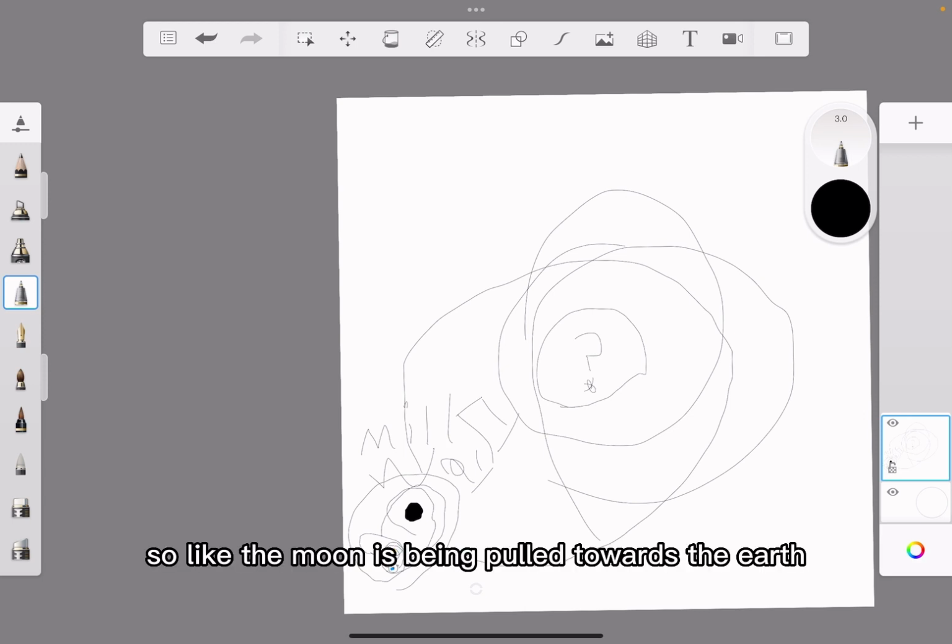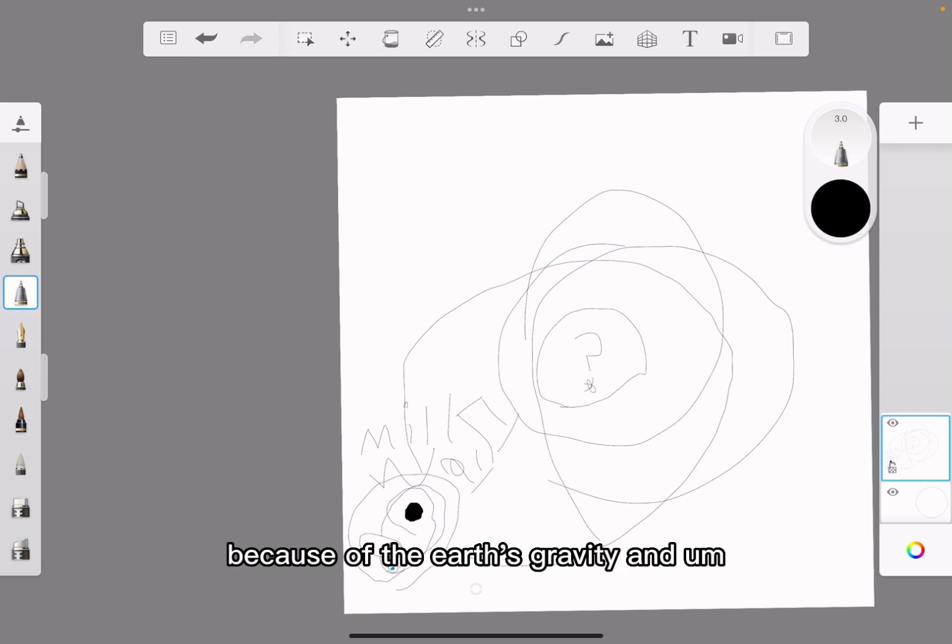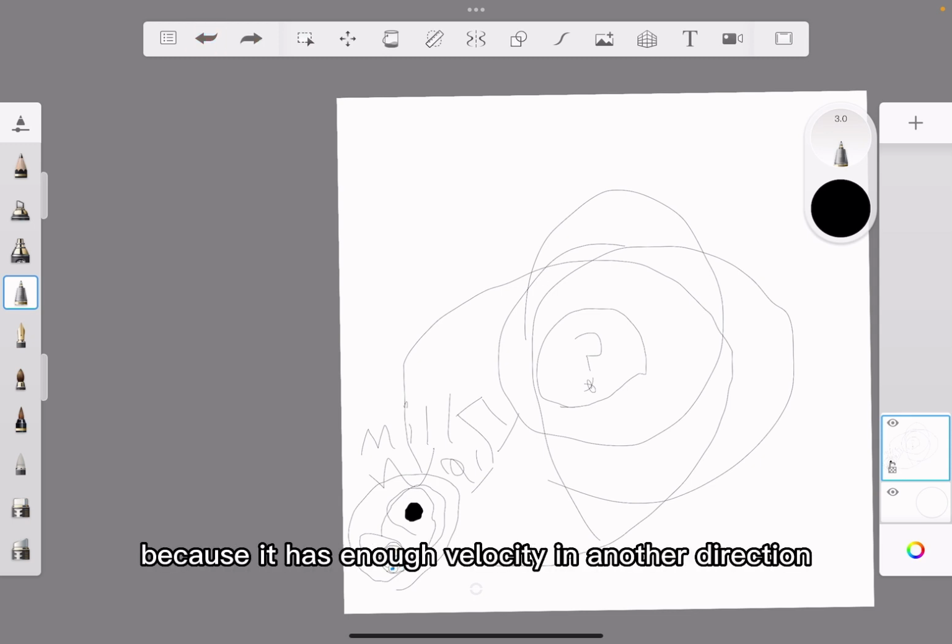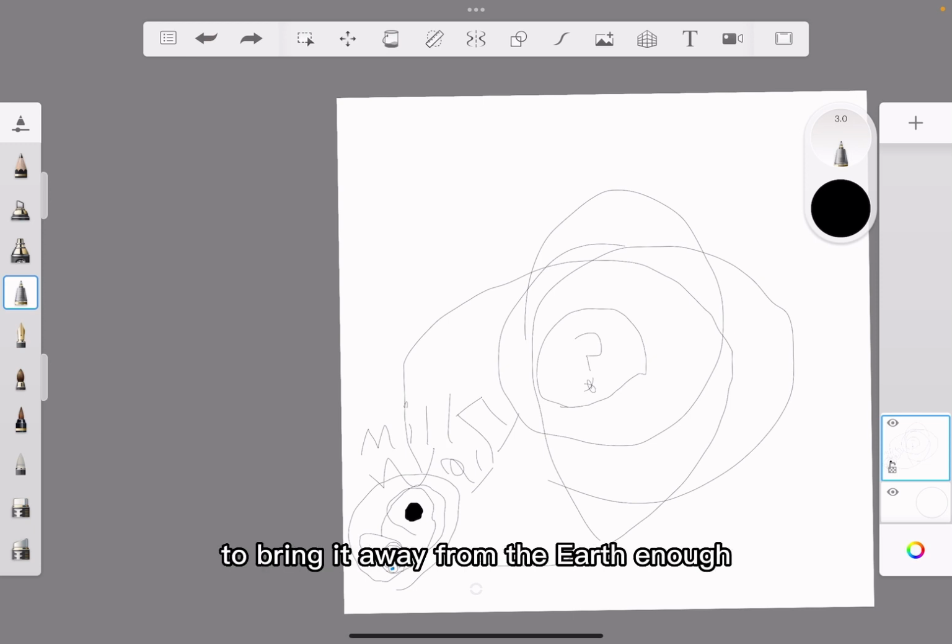So like the Moon is being pulled towards the Earth because of the Earth's gravity, and it's missing the Earth every time because it has enough velocity in another direction to bring it away from the Earth enough so that it just creates a weird ellipse around the Earth. And it doesn't end up hitting it.